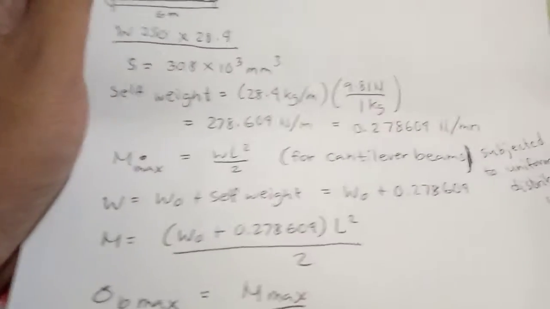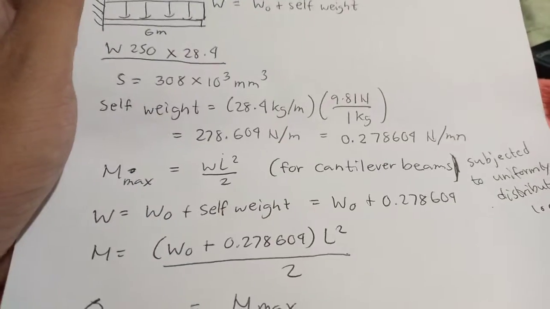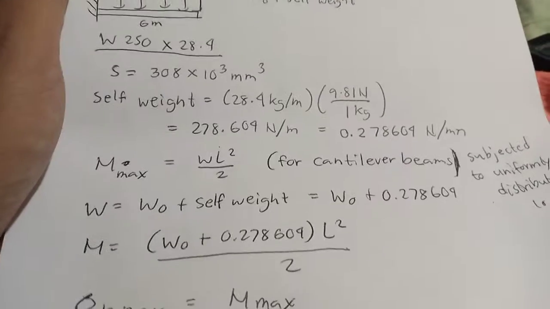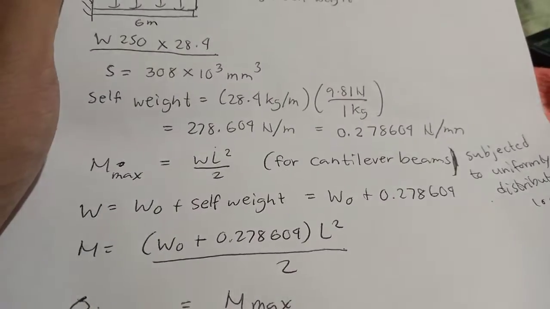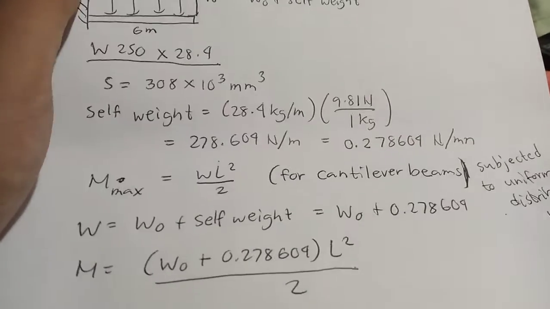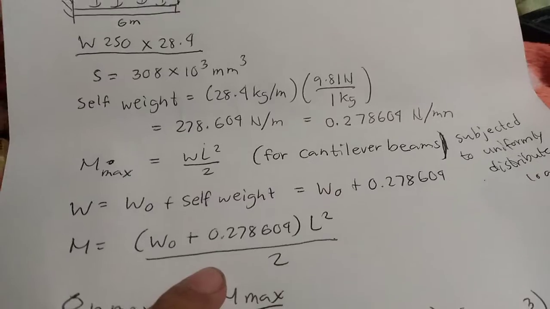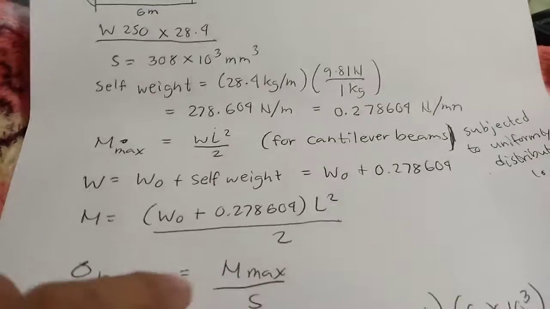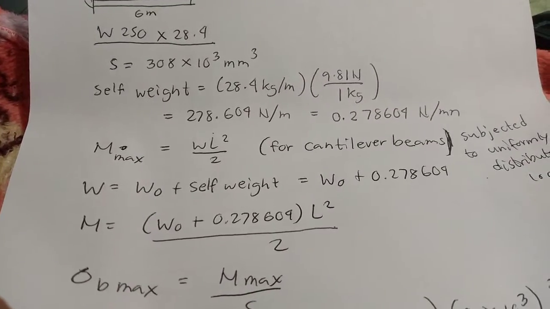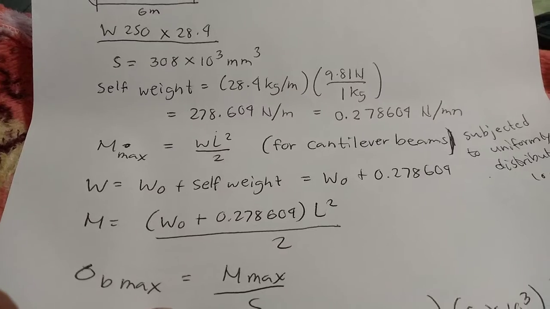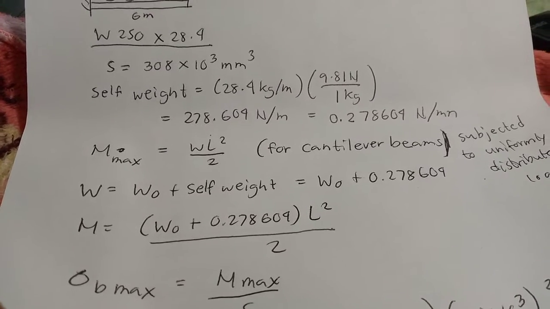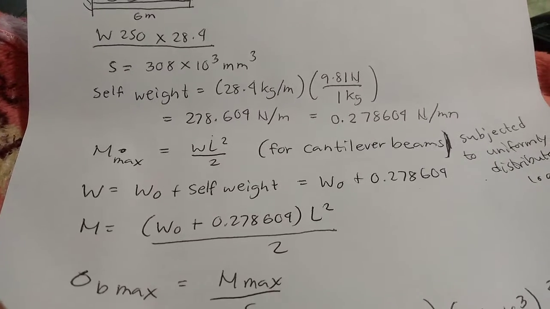Since W is equal to WO plus 0.278604, we substitute. So M is equal to WO plus 0.278604 times L squared over 2.